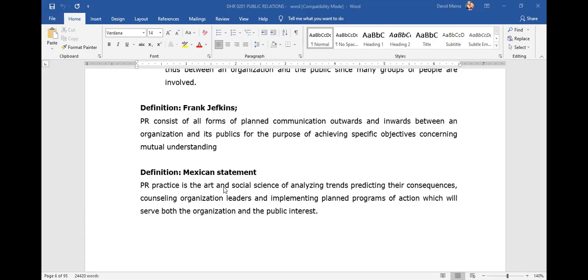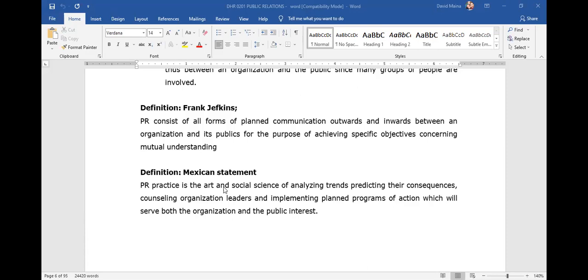For example, an employee. An employee is an internal public. Somebody like the CEO. The CEO is an internal public of an organization. External publics are those that are outside the organization, but there is what we call a mutual relationship. And in this mutual relationship, there must be mutual understanding.